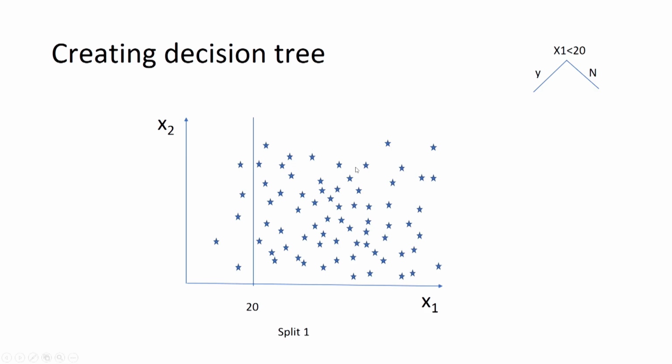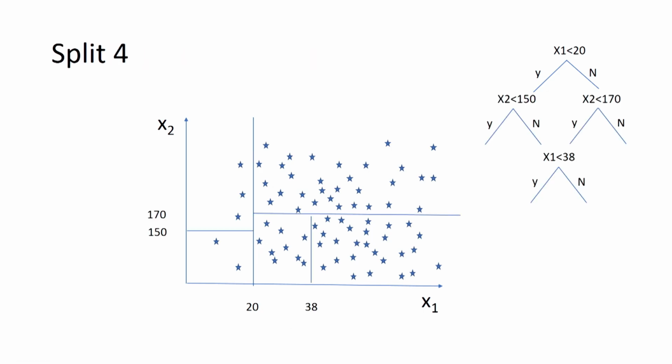But what we have done is divide this data set into different parts. After a few lectures we will see that when we divide this data set, we divide it in such a way that all the instances in one subgroup are similar instances, close to each other. In the same way these instances are close to each other.